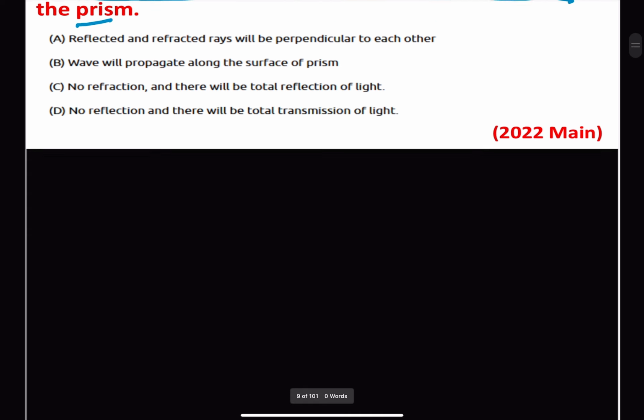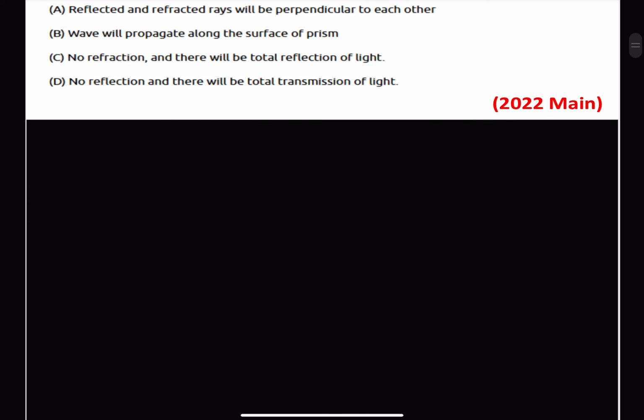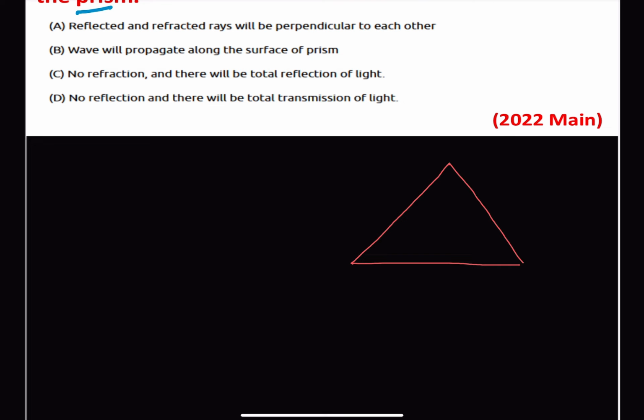We can just draw an approximate figure for that. Let us suppose we have incident light, something like this, and it is partially reflected and partially refracted. Because the angle is Brewster, the angle between the refracted and the reflected ray will be 90 degree.